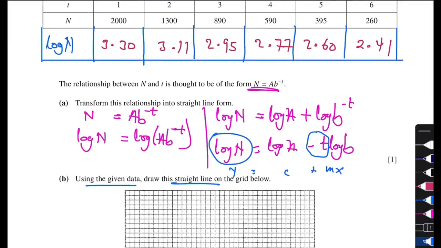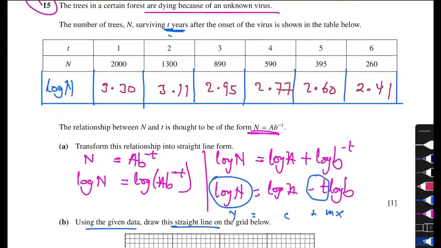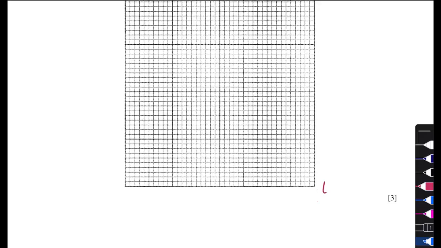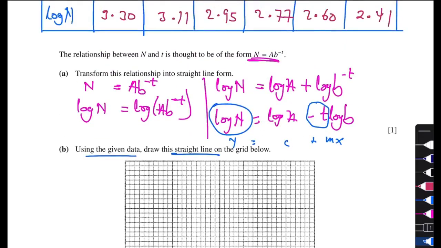Now even though I'm using two decimal places on my work, I'm actually going to use one decimal place. Okay, I don't want headache. So I have 1 up to 6 on the x-axis, and now my x-axis is called t, right? And then my y-axis is called log n.